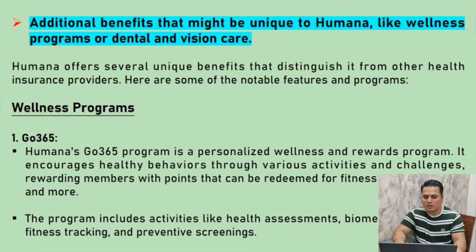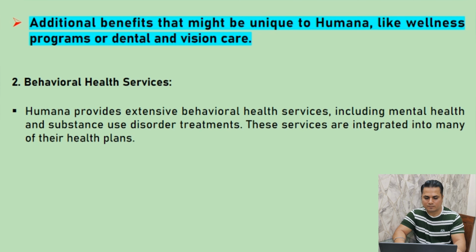It encourages healthy behaviors through various activities and challenges, rewarding members with points that can be redeemed for fitness gear, gift cards, and more. The program includes activities like health assessments, biometric screenings, fitness tracking, and preventive screenings.